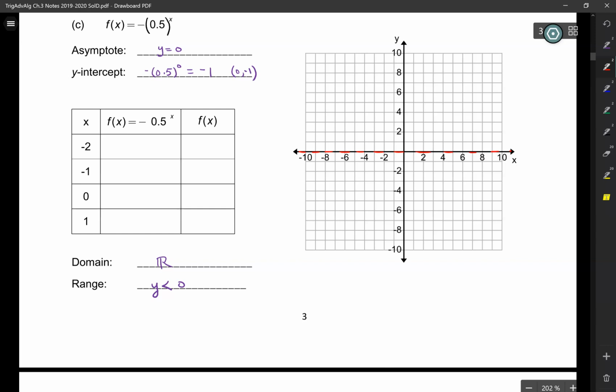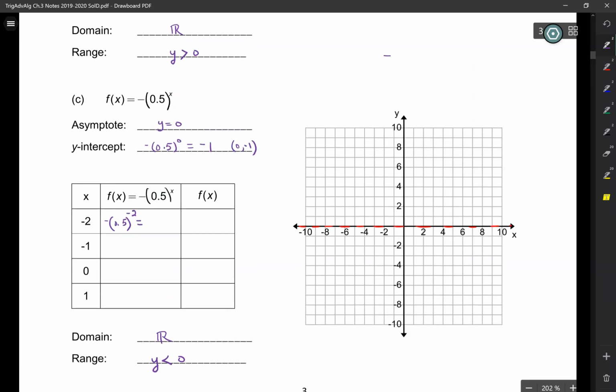Asymptote. Since it's decay, I've picked my points. All right, let's take a look here. I have -0.5 to the power of -2. Oh my gosh, how much is that? Can we do that by hand? Yes.